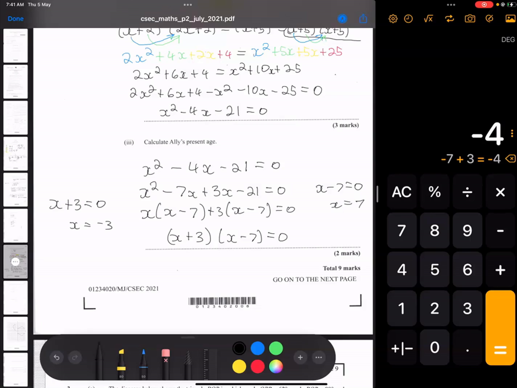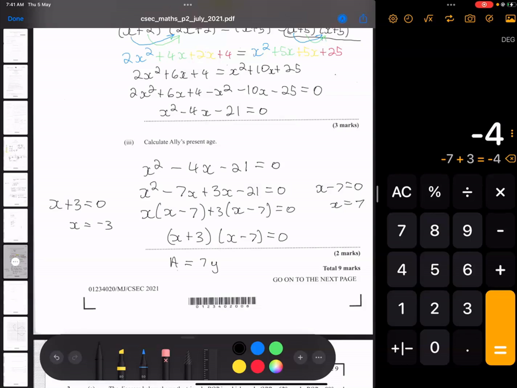So looking at both answers, negative 3 and 7, it is obvious that Ali's age would be 7. Let me just use the letter A. So Ali's age is 7.